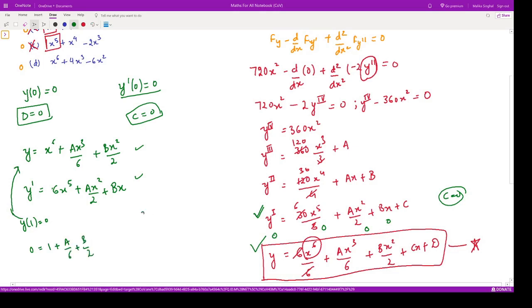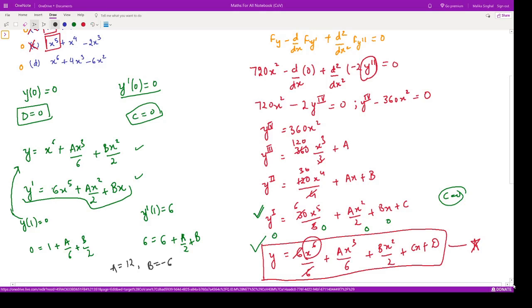And if we substitute y dash at 1 equal to 6, we would have 6 equal to 6 plus a/2 plus b. I am substituting 1 in place of x and 6 in place of y dash. So this is the equation. Solving these two, I get a equal to 12 and b equal to minus 6.